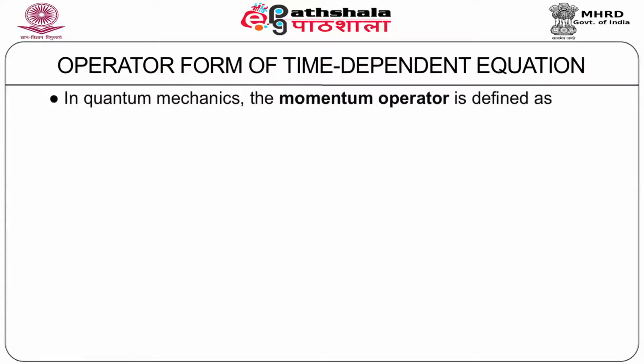In quantum mechanics, the momentum operator is defined as P with a hat, which signifies that it's an operator, equal to h cross by i d/dx, or minus i h cross d/dx. Differentiation, partial differentiation, is really an operation.